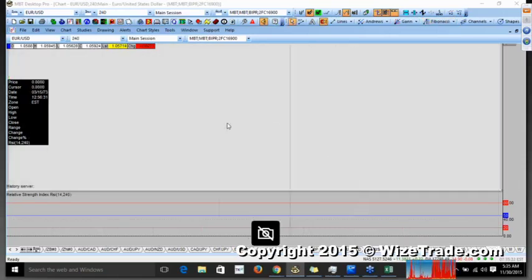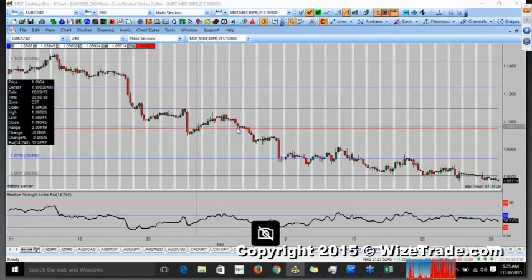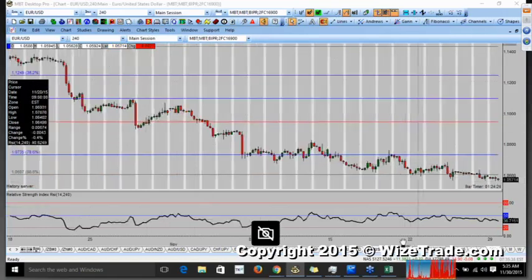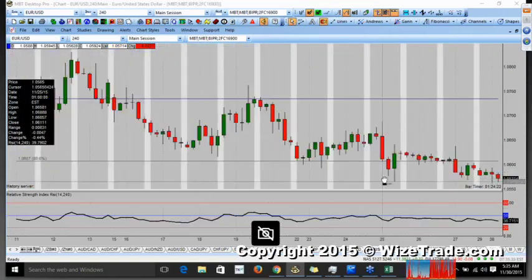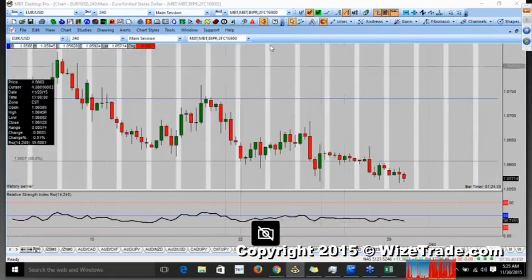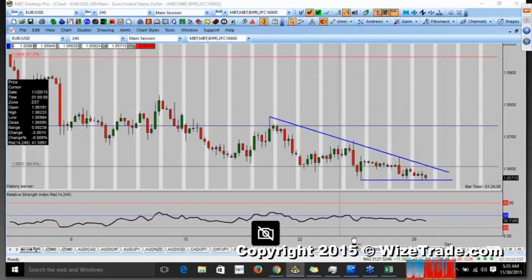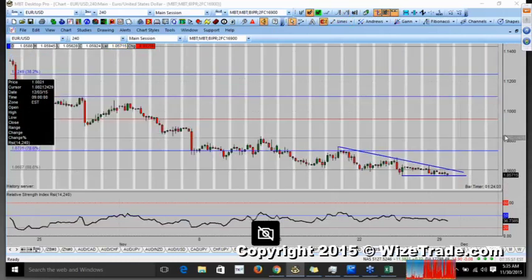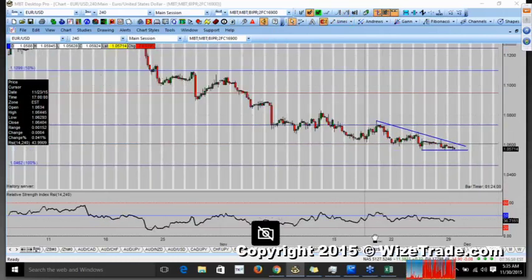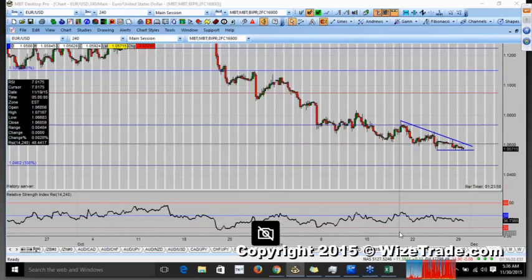Okay. If we take you to an hourly chart, you'll notice that we have a nice bearish wedge formed. And your bearish wedge looks like this. So what that suggests to me is that we're going to go and test the lows. So the question that I have now is, when are we going to do that?